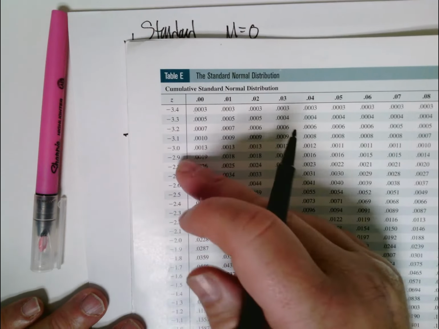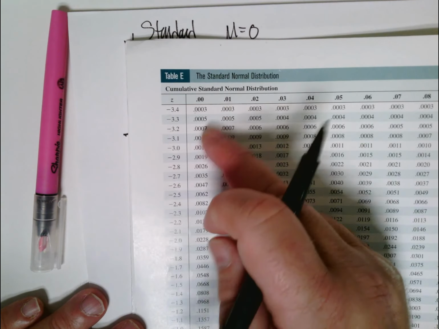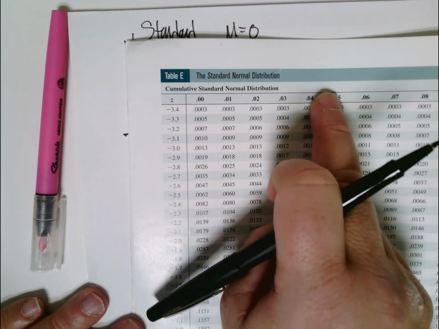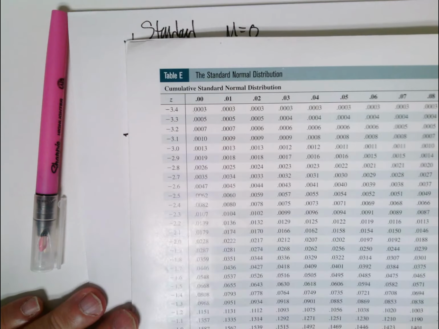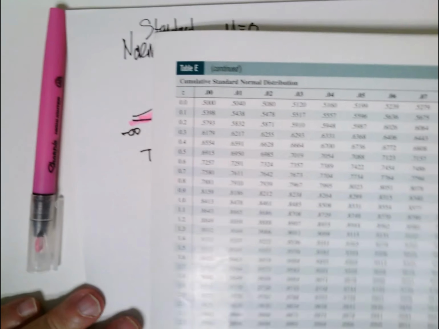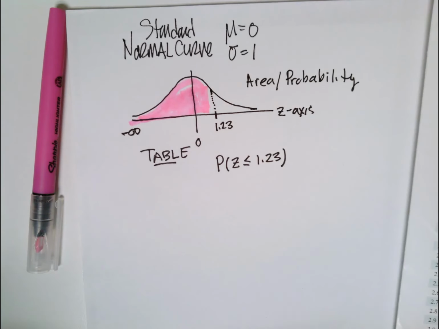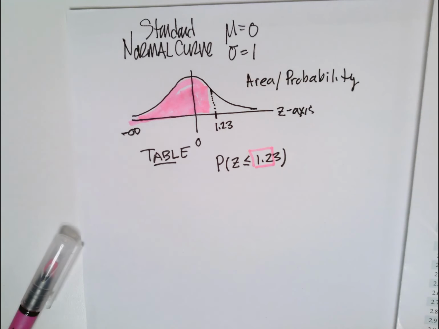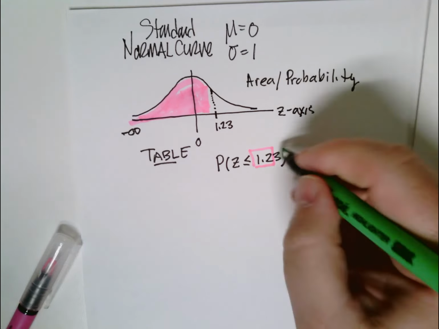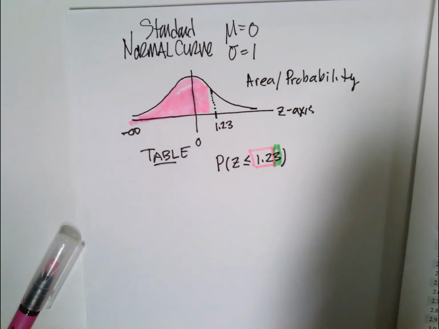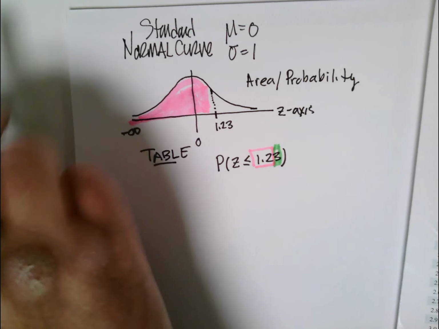So now you'll notice that on this side there's negatives, and up on top there's these two decimal places. These numbers are going to go together, and there's two of these. One of them have positive and one of them have negative. Now the way you read this is, on the vertical you have those two numbers, and on the horizontal on the top you have that number. And so that's what we're going to look for.